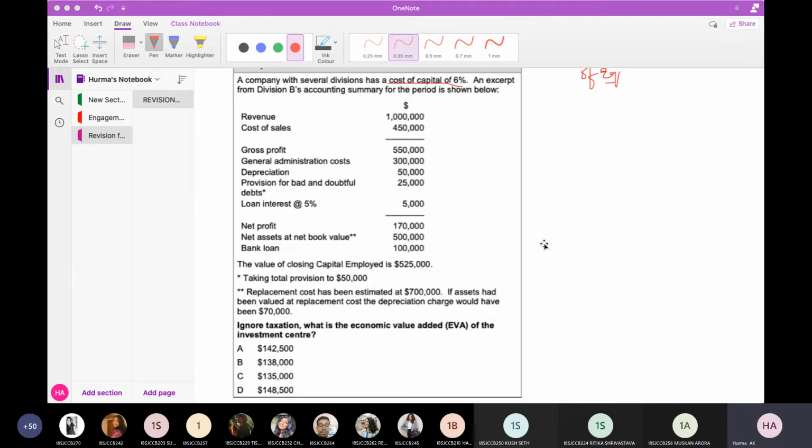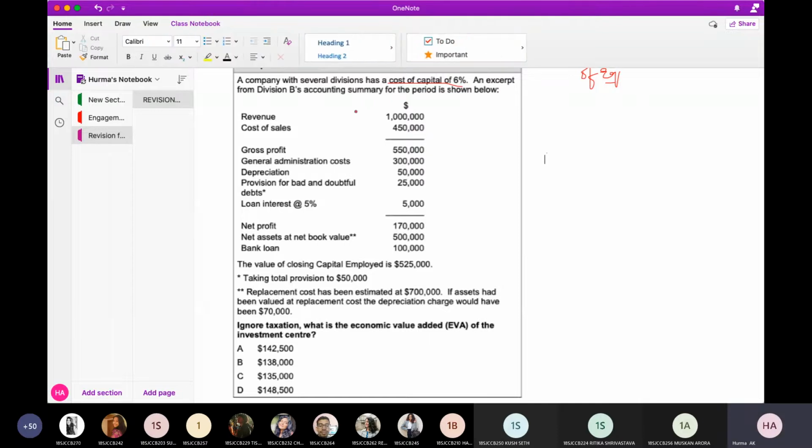So first of all, we need to begin with NOPAT. So what do we start with when we have to calculate NOPAT? Profit after tax, ma'am. Okay, so profit after tax is how much? 1,70,000. Good.